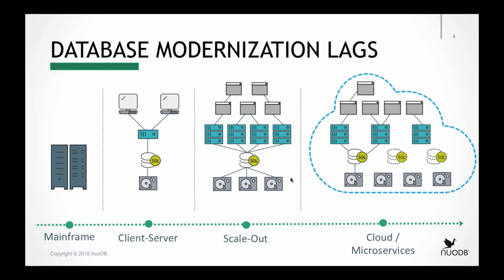But what's very interesting as we look at these architectures over time, we've noticed one piece has stubbornly remained the same, and that is the database. The database largely has remained a monolithic part of the infrastructure that has not changed.